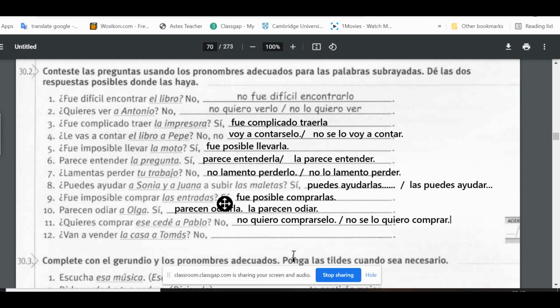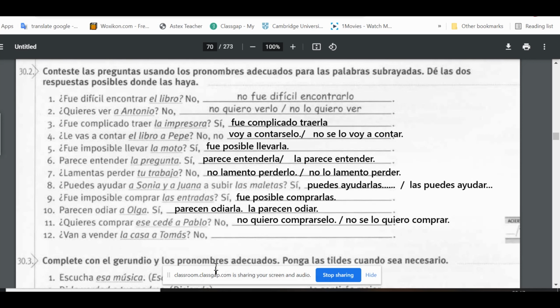Actually it's "le," but as I mentioned before, "le" becomes "se" when it's used together with another pronoun like "lo" or "la." Why? In order to avoid saying "lelo," because "lelo" means stupid. So "lelo" becomes "selo."